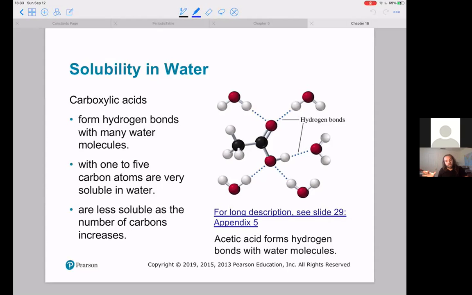The approximate cutoff we use for carboxylic acids is that if it's 1 to 5 carbons, it will be soluble. As we get more than that, it enters the slightly soluble and then insoluble range. But again, it's all about being able to form hydrogen bonds with water. You have this carbonyl group, which can act as a hydrogen bond acceptor, but just as importantly, we have an actual hydrogen that can donate hydrogen bonds.